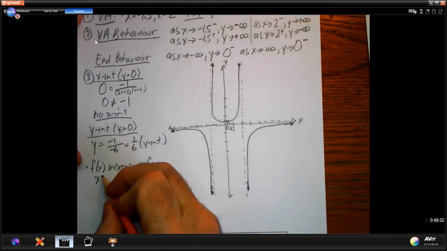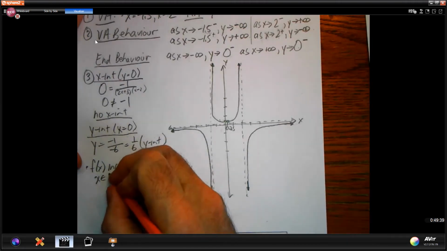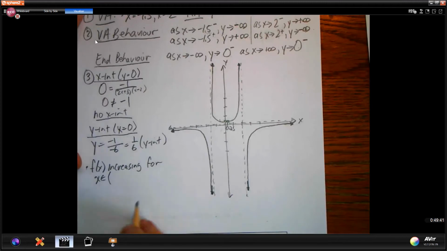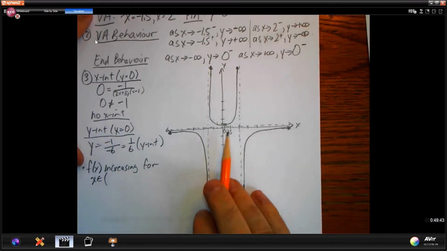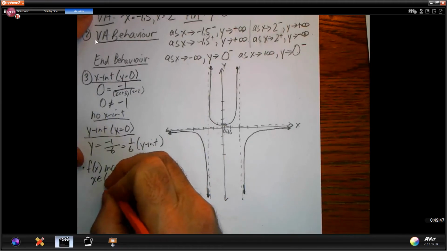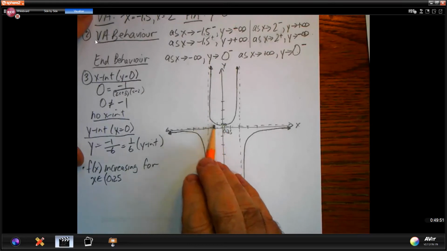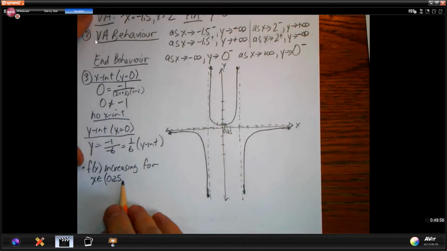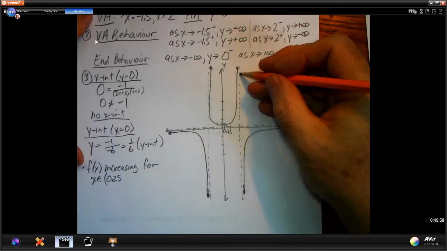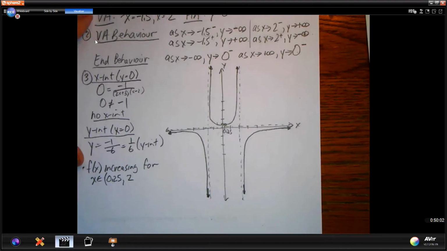So using our interval notation, I'm going to say x is an element of, so I'm going from 0.25. So in fact, we did need to know that value. It's not 0, it's 0.25, because that's where the minimum is, that's where it starts increasing. So 0.25 up to x equals 2, where the vertical asymptote is.